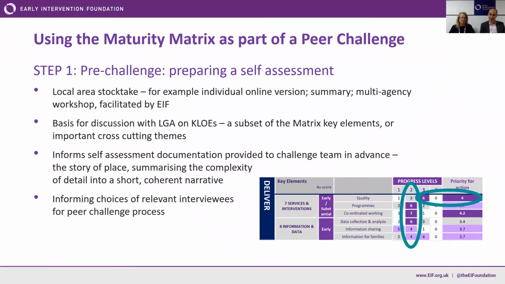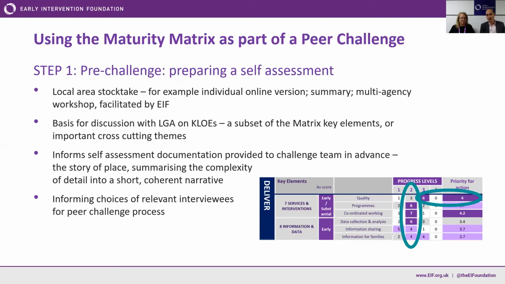So that's the matrix. And this now is how we see this being used as part of the peer challenge. As Liz mentioned in her introduction, the first step here, before the challenge happens, is preparing a local self-assessment. Each local area conducts a stock take to help prepare their local self-assessment.